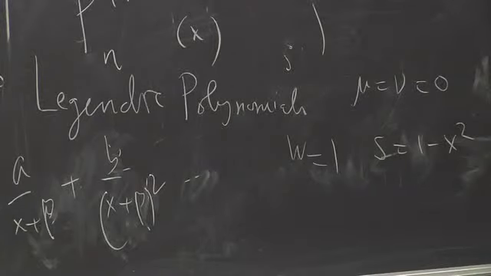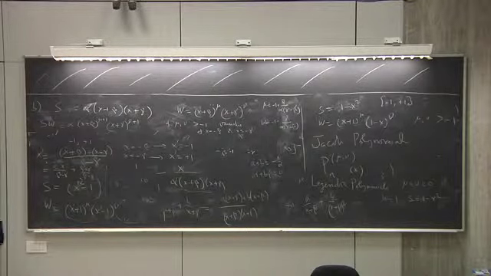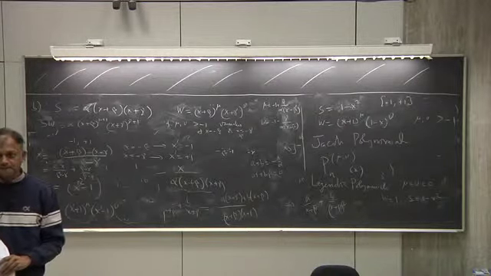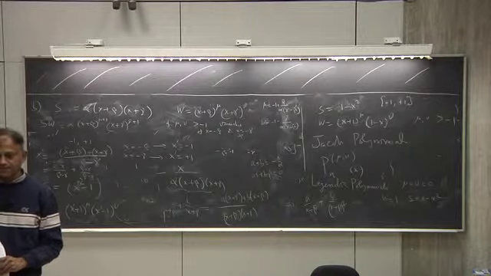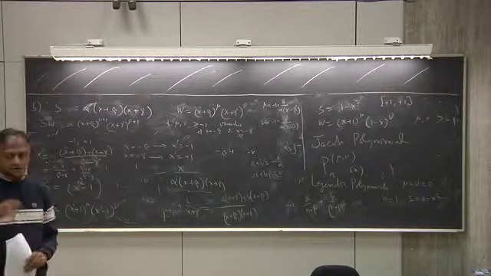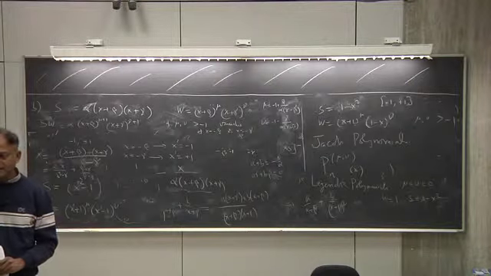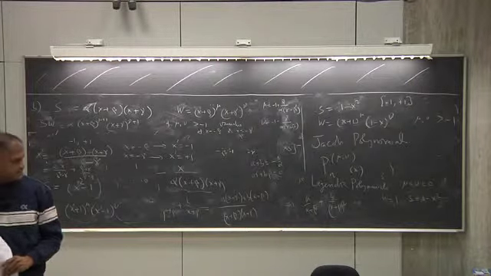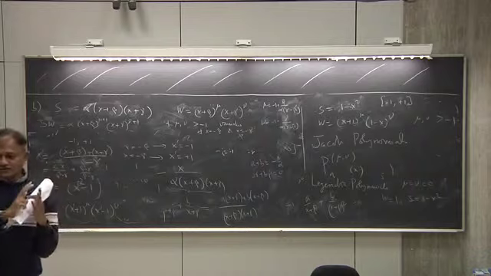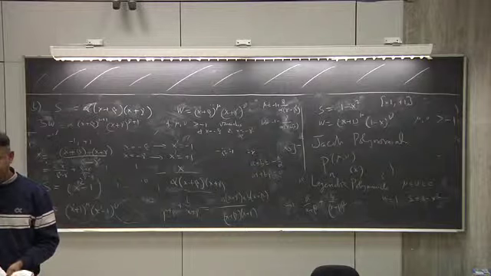So that is the Legendre polynomials. You have seen that in the context of spherical harmonics, I think in quantum mechanics, right? When George explained to you spherical harmonics, there were two angles, theta and phi, right? Phi is the azimuthal angle, and theta is the angle which goes from north pole to south pole. The azimuthal angle dependence was very simple. It was basically e to the power of i times some integer times phi. And then there was a function which depended only on theta, and those were called associated Legendre polynomials.